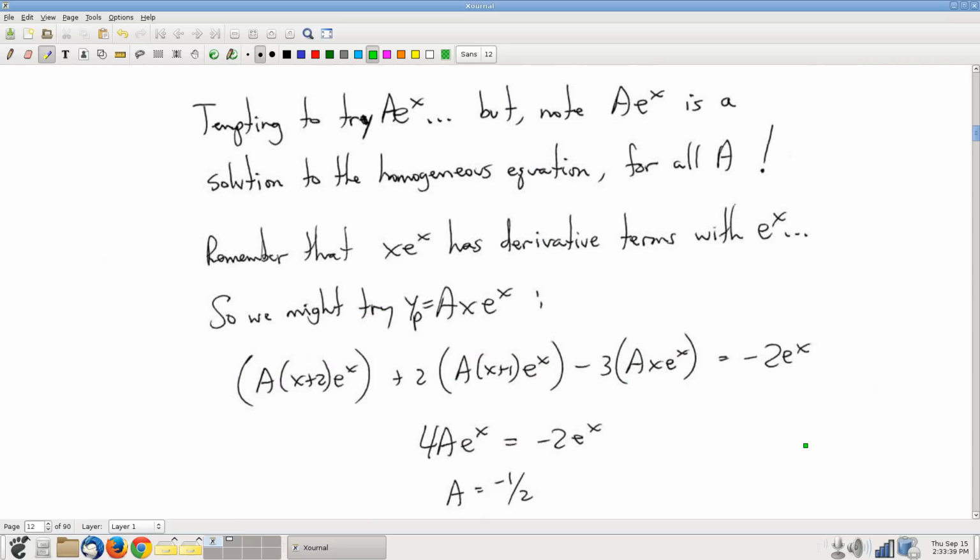And conveniently, all of the x terms end up canceling. And that's algebra I'll let y'all work out for yourselves. But the punchline is, after those x terms cancel, you just end up with this. The e to the x is canceled. You solve for a. A ends up being negative 1/2, and you found a solution.